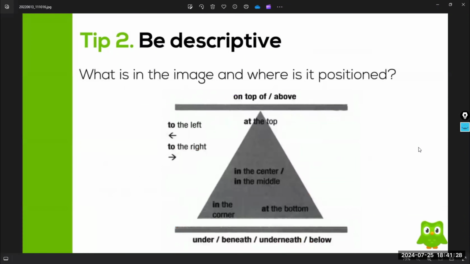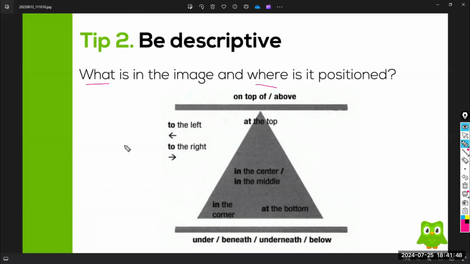So this is an example about the directions or the details that I have to write about this image. What is in the image and where is it positioned? So this is it, what and where.